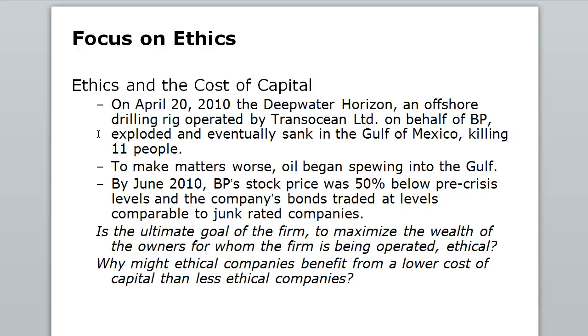It eventually exploded and sank to the bottom of the Gulf of Mexico, killing 11 people and spilling millions of gallons of oil into the ocean water. Their stock price took a huge hit based on this crisis.